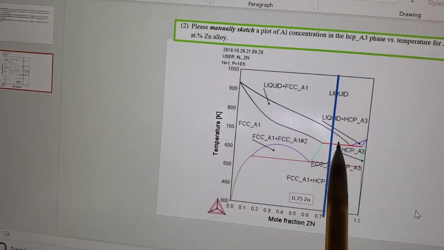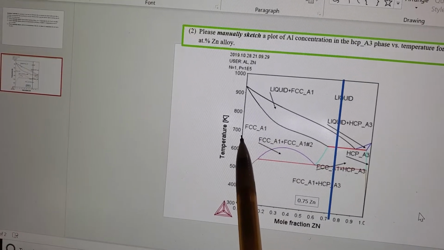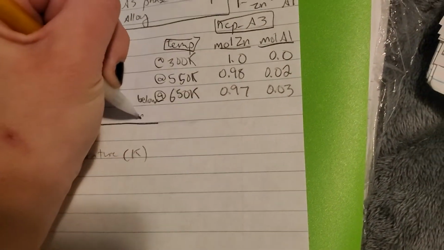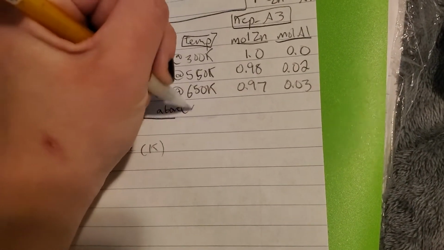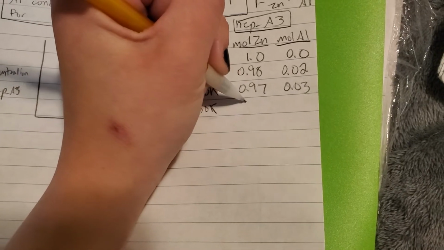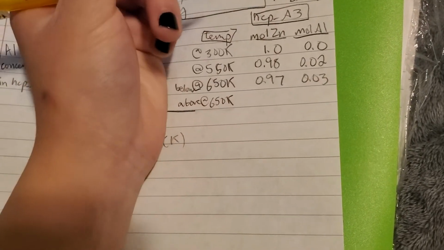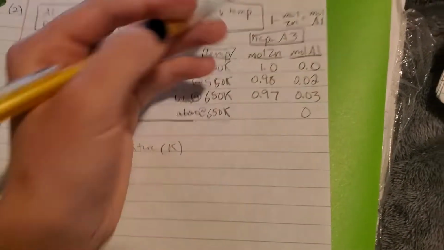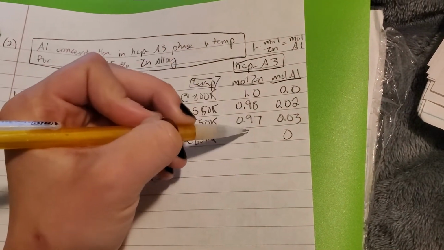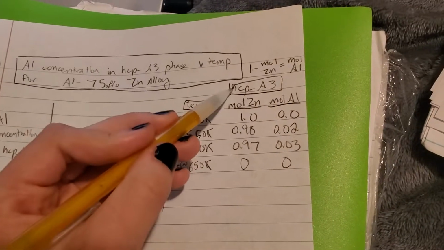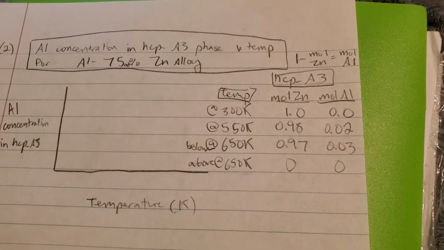So since we've reached the capping point at 650, we'll have 0 as the value above 650 Kelvin. So the moles of zinc at that point doesn't really matter. All we know is there's no aluminum with the HCP-A3 phase. So 0 and 0 because it's not existent at that point.